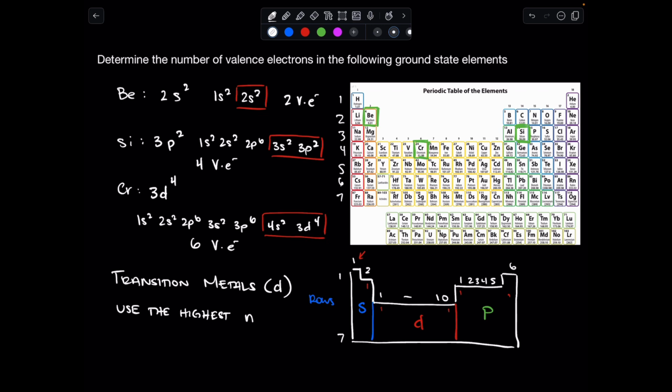We'll then also use our S, P and D block to determine our valence electrons.